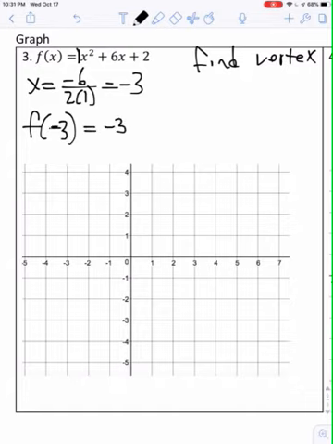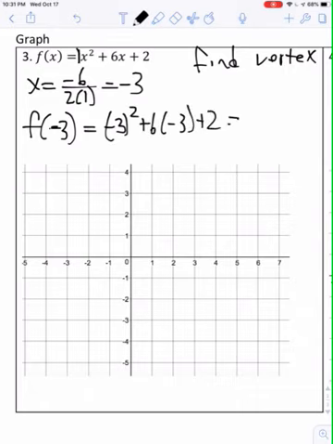So negative 3 squared plus 6 times negative 3 plus 2. That is 9 minus 18 plus 2. 9 minus 18 would be negative 9. Negative 9 plus 2 would be negative 7.